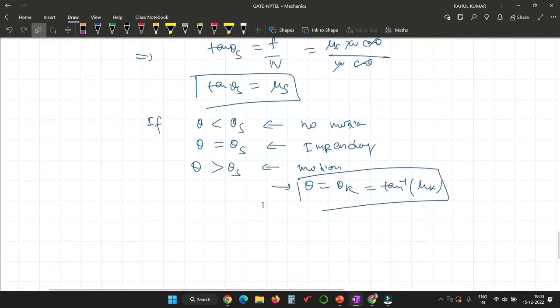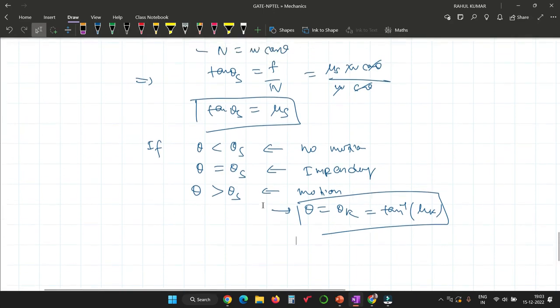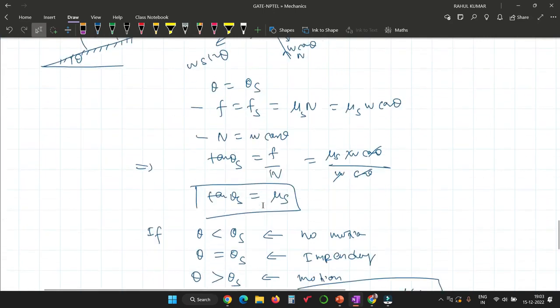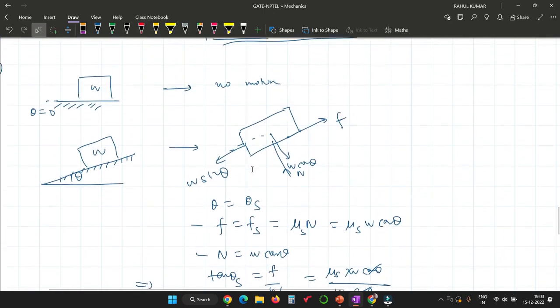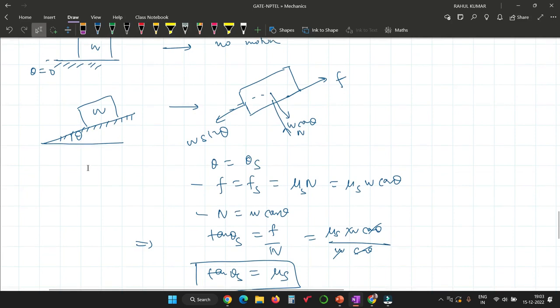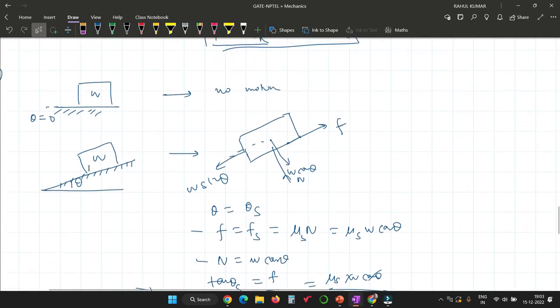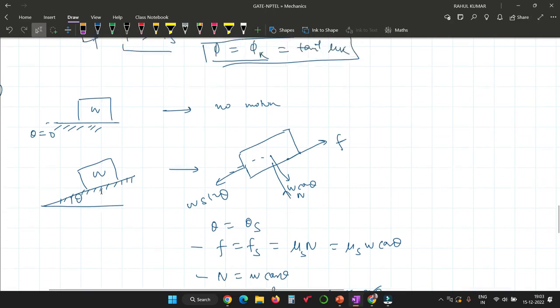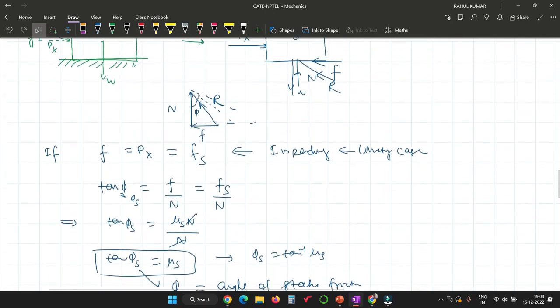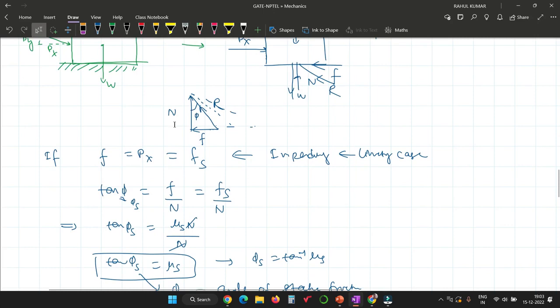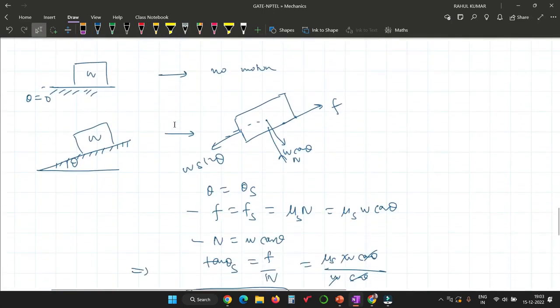Don't confuse this with this. The magnitudes are the same, definitely mu s and mu k, but the meanings are different. Here theta is the inclination angle, and phi is the angle between r and n.